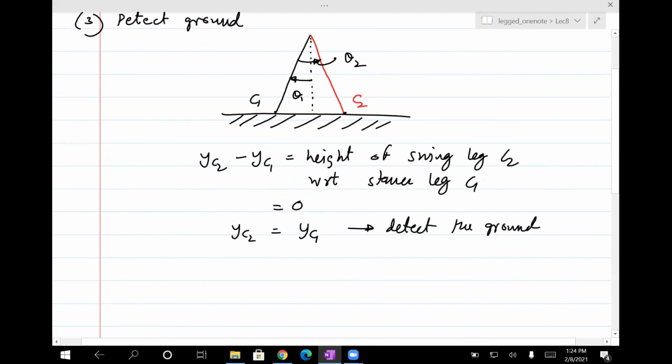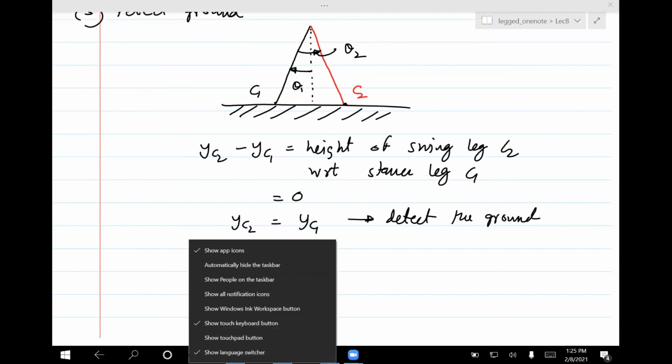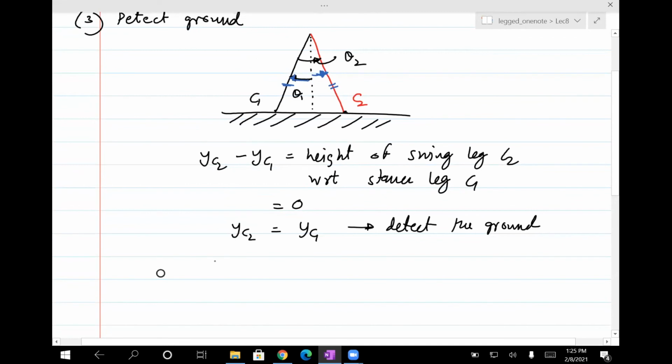In this case, what you can do is, when C2 is contacting the ground, and given that these two lines are the same length because they're the leg lengths, this angle should be the same as this angle. It is an isosceles triangle. So theta 1, which is this angle, equals theta 2 minus theta 1.